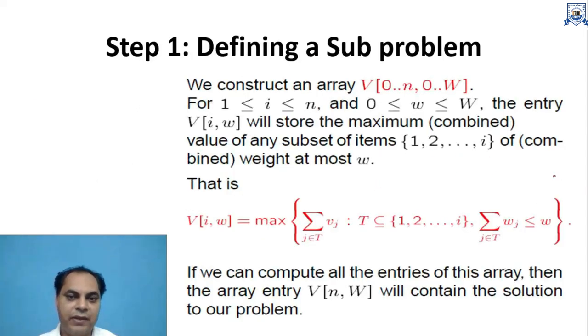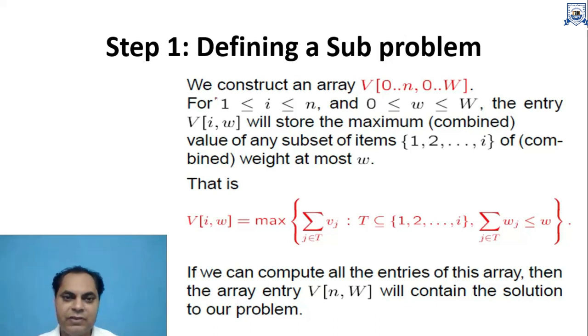Now for dynamic programming we have to follow some steps. As per the dynamic programming rule, we have to follow 4 steps, and the first step says we have to define the subproblems, or characterize our solution.